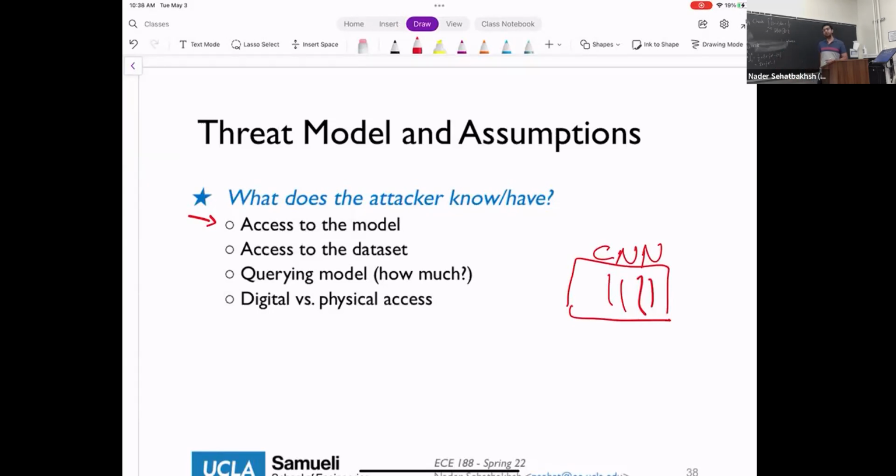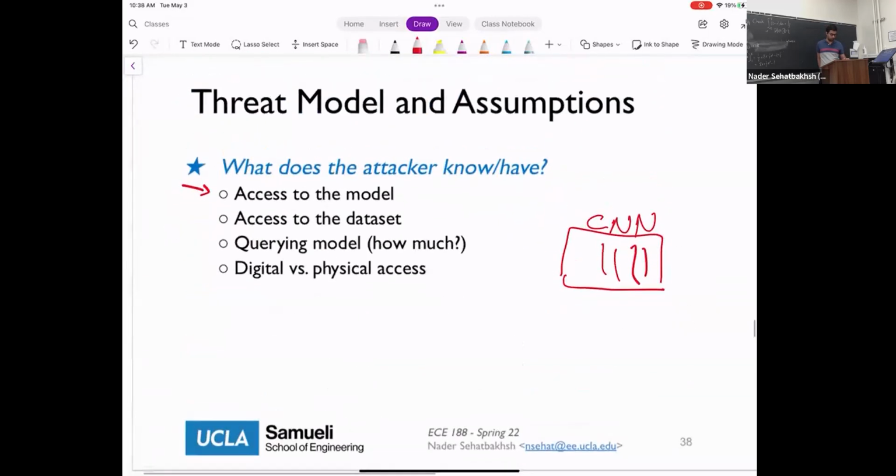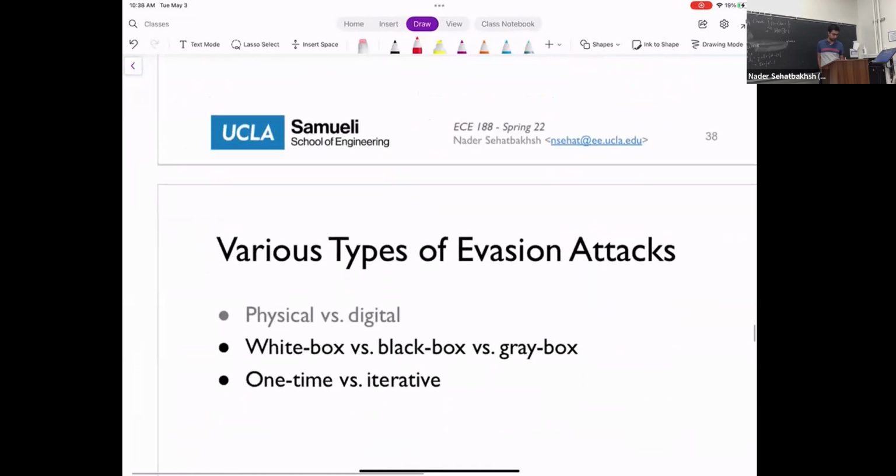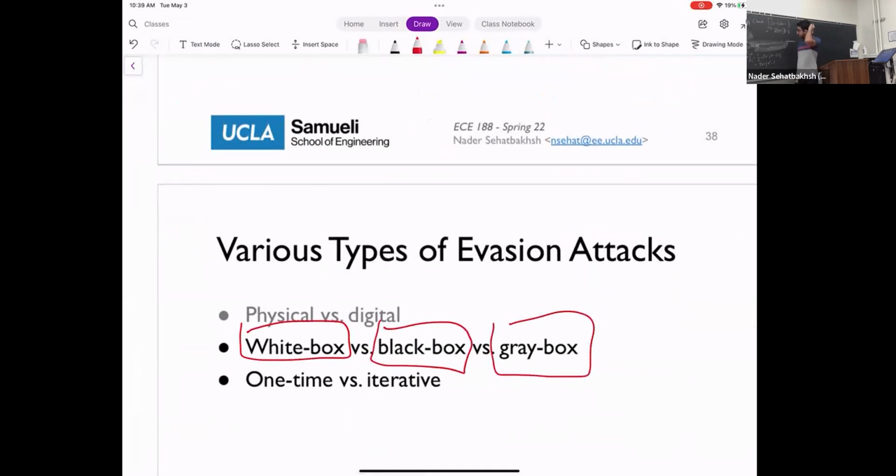Depending on how much information the attacker has, there are different classes of attacks the attacker can launch. We usually call them white box, black box, and gray box. White box is when the attacker knows everything about the model: the structure, the size, and so on.